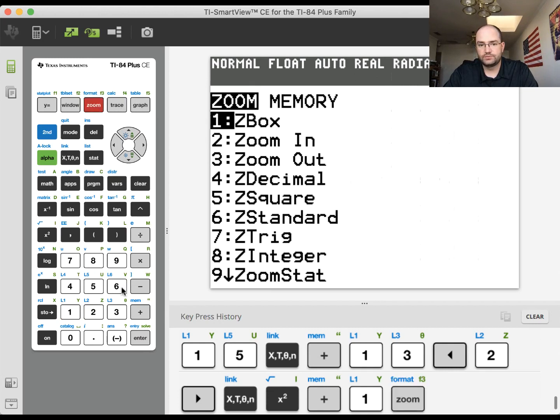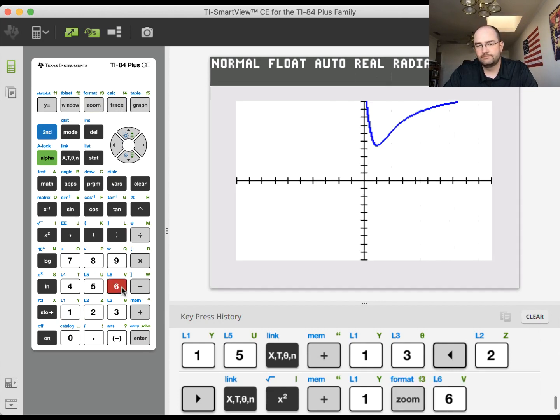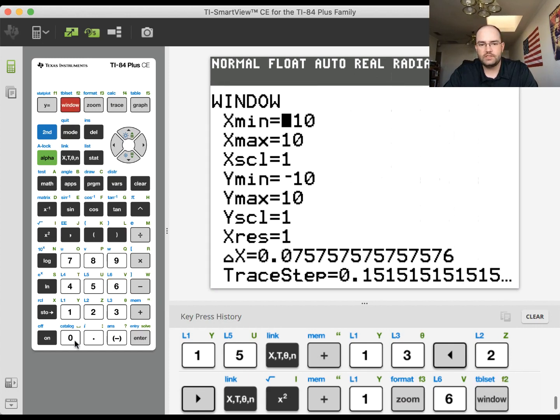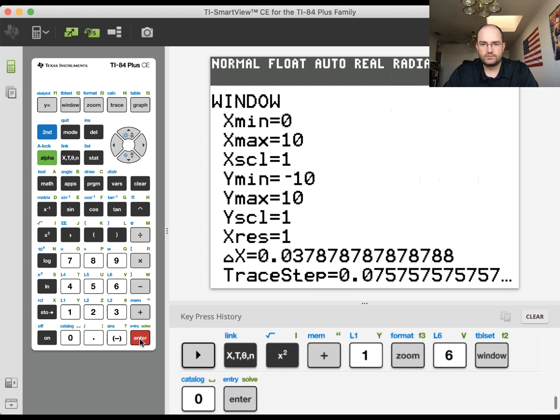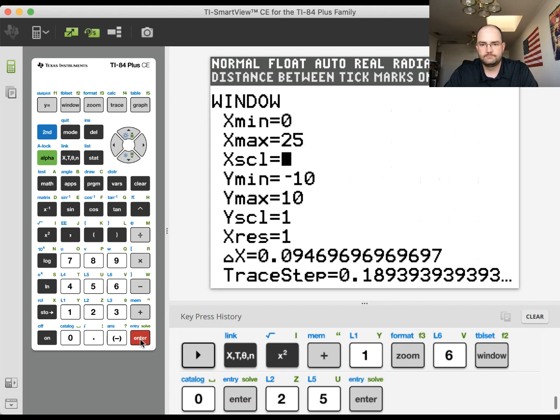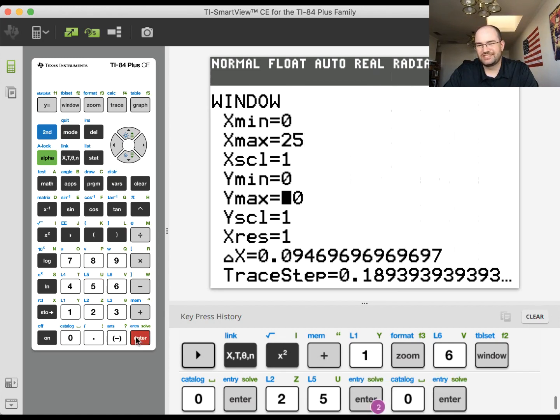If you want, do the zoom 6, and this is what you see. It's not actually what we want to see, though. So let's go to Window. We're going to start at t equals 0, so x equals 0, and we're going to go to t equals something. Let's say t equals 25. For the y minimum, we want it to be 0 because there's no such thing as a negative amount of oxygen concentration.